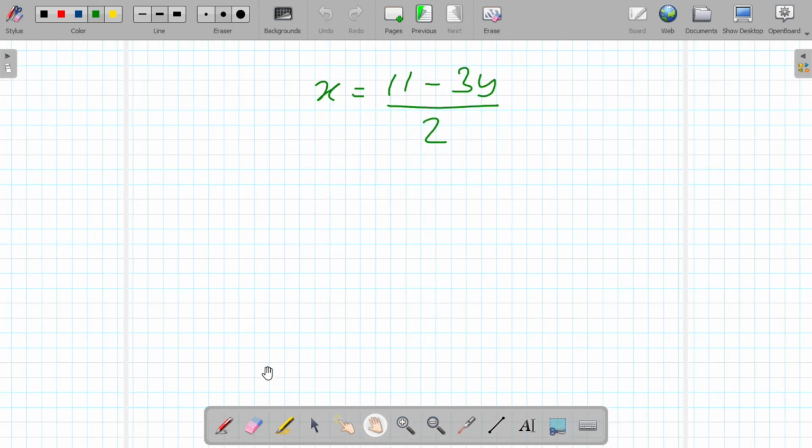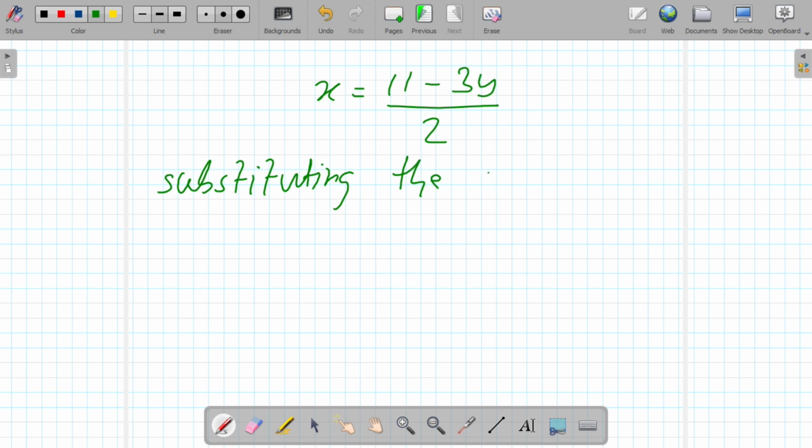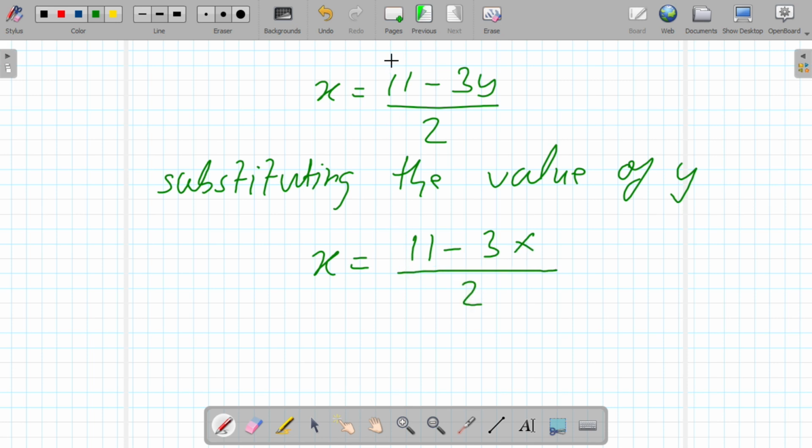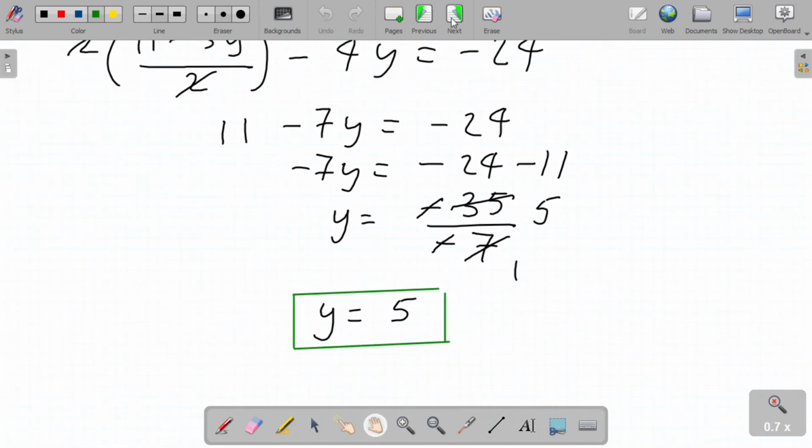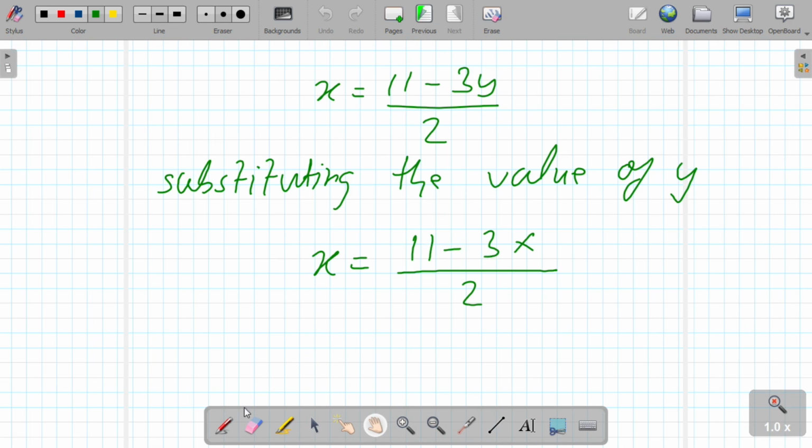Okay, so what was the value of y? Substituting the value of y, x will be equal to 11 minus 3 into 5 upon 2. The value of y is 5, so in place of y we will write 5.